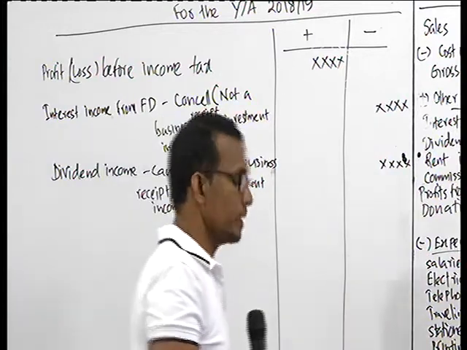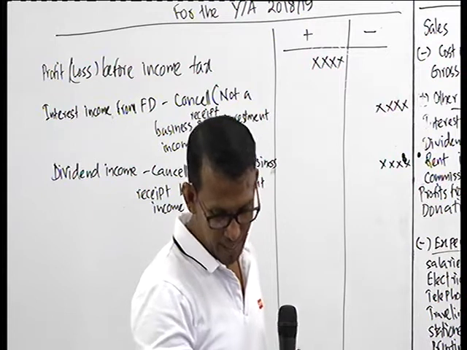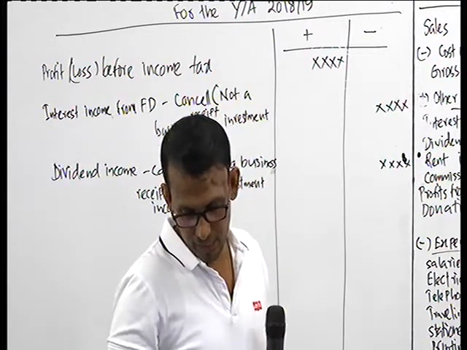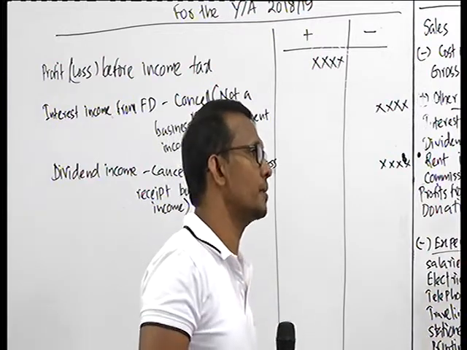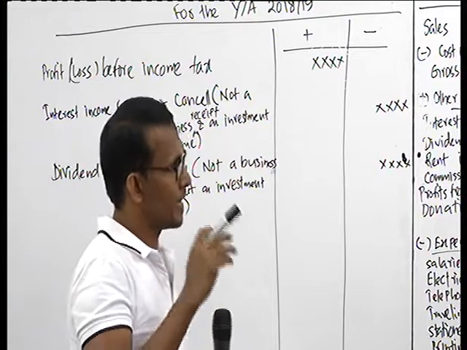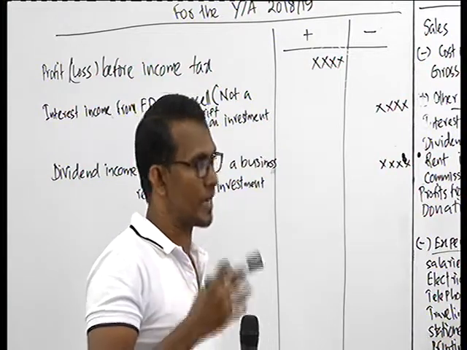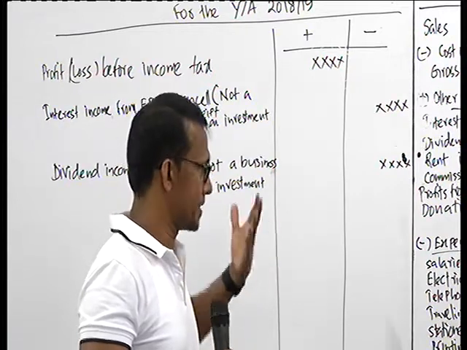Now obviously, as I said, the expenses you can claim for tax purposes in calculating assessable business income are the expenses incurred for the production of income, or the expenses incurred to generate the business revenue.